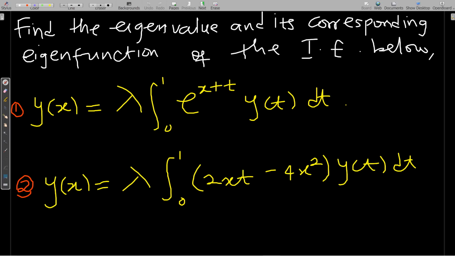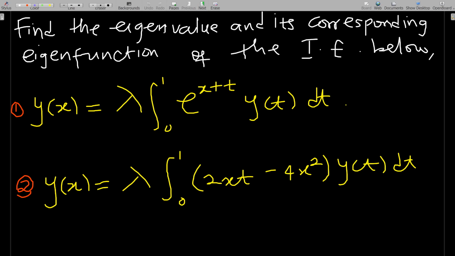In this lesson we'll go through how to find the eigenvalues and corresponding eigenfunctions of a homogeneous integral equation, particularly a homogeneous Fredholm's integral equation.